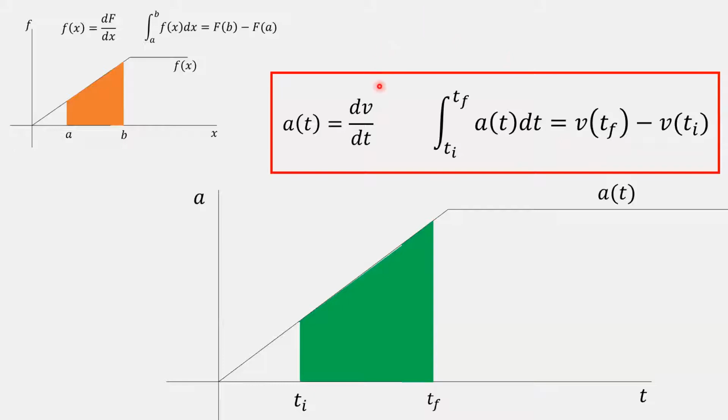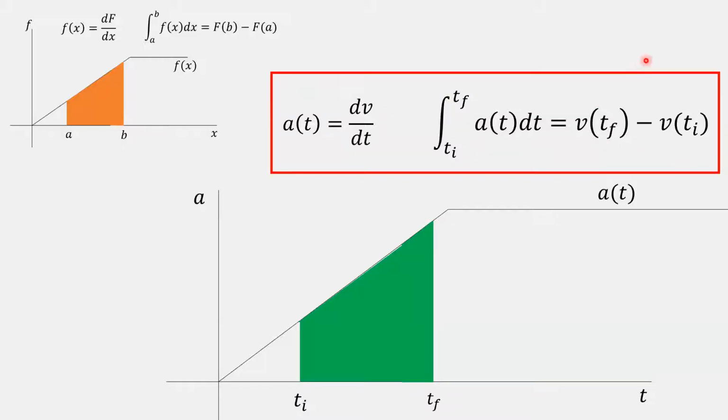The derivative of velocity is acceleration. That's easy to remember because we know that acceleration is any change in velocity. If you're accelerating, it's because your velocity is changing. And this says that, I could word it as the integral of acceleration between t initial and t final, but graphically we can say the area under the a of t curve is the change in velocity.